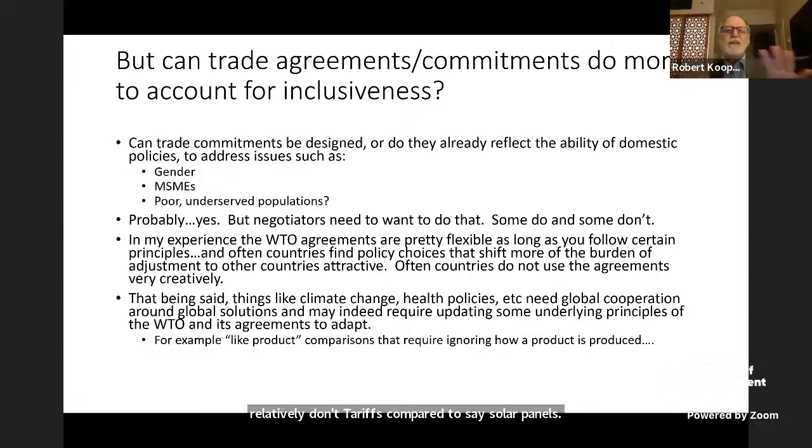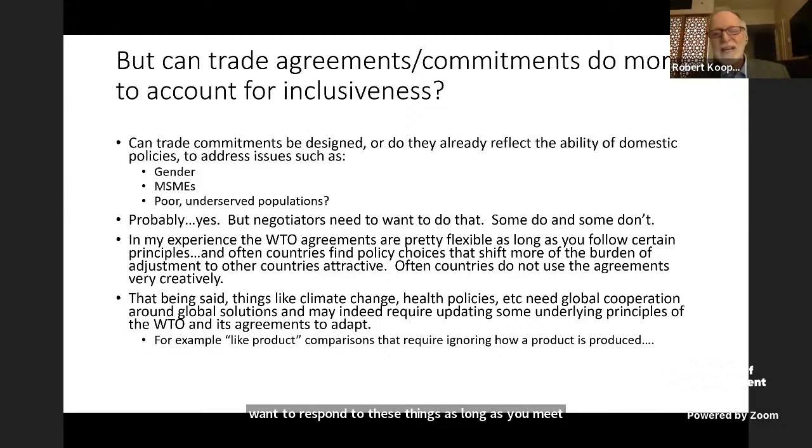We have not thought enough, nor do we have good enough data integrated into our analysis, to look at gender, MSMEs, and poor and underserved populations well enough to be able to tease out the trade effects compared to some of those other forces that I was describing. But I will say this: the WTO agreements are fairly flexible. You still have a lot of domestic flexibility in how you want to respond to these things, as long as you meet certain high-level principles.